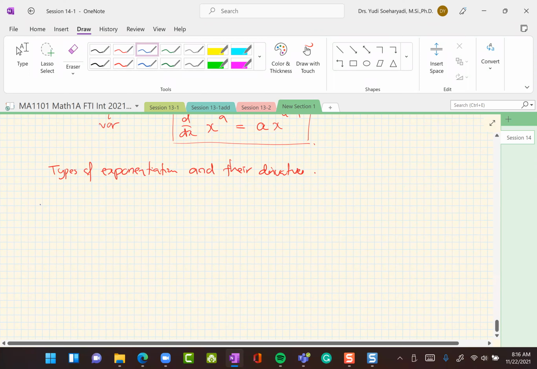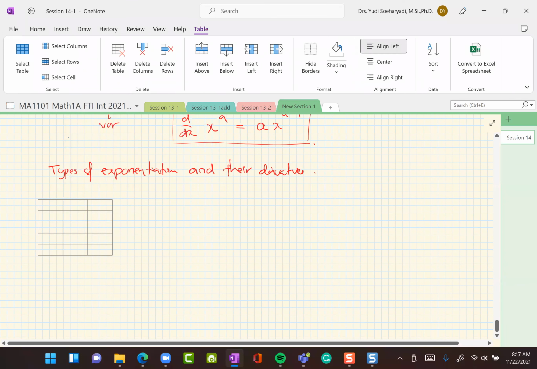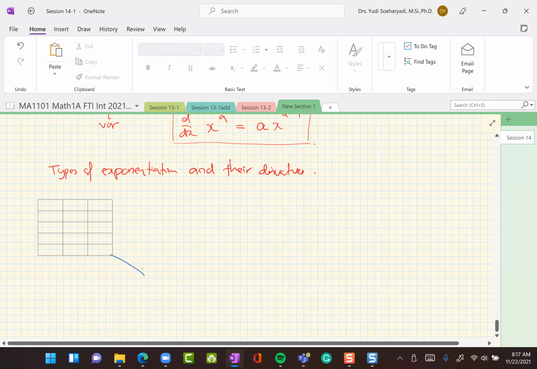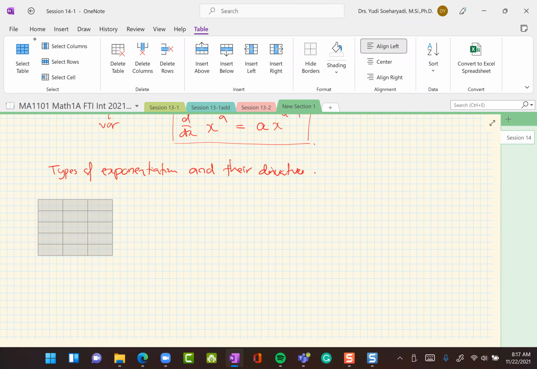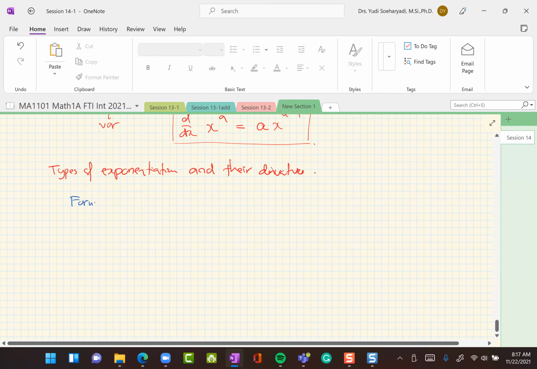The first one, the simplest one, is a to b, where a is constant, b is constant, right?